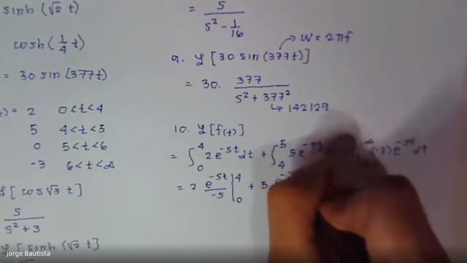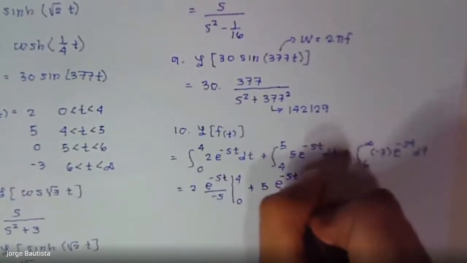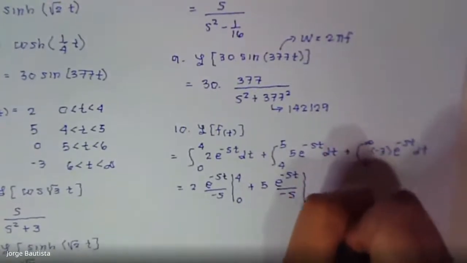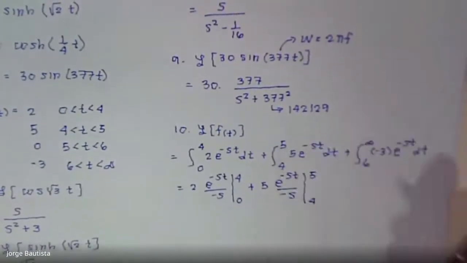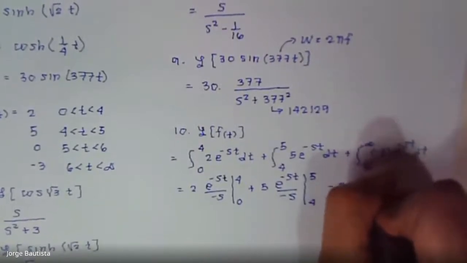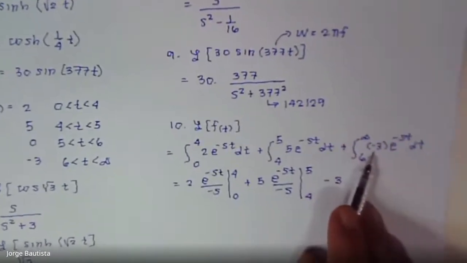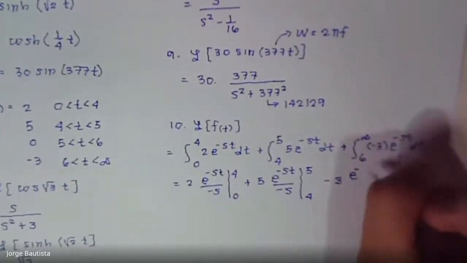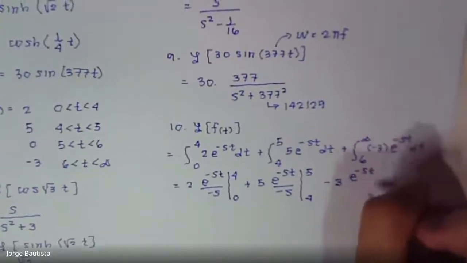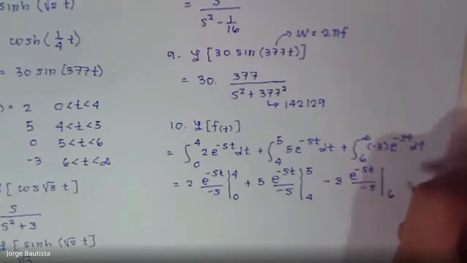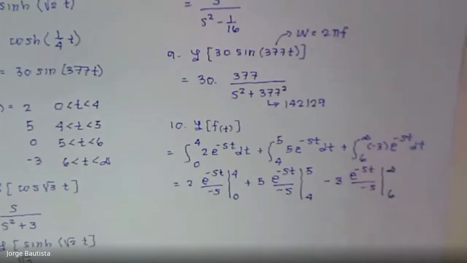E raised to negative st all over negative s from 4 to 5. Okay? Then you have minus 3. Negative 3 kasi. You have e raised to negative st all over negative s from 6 to infinity.